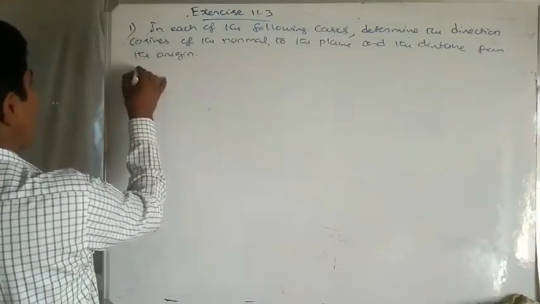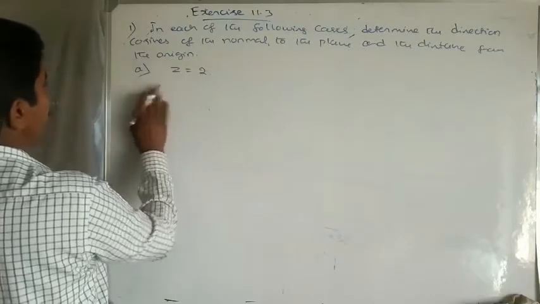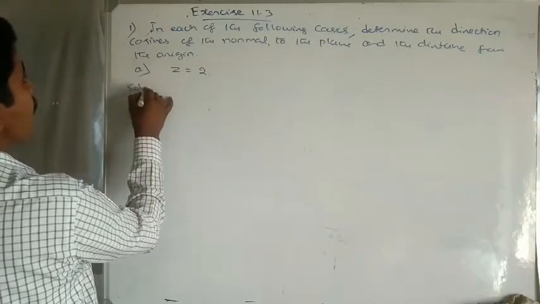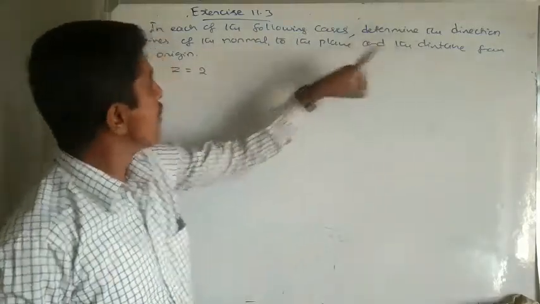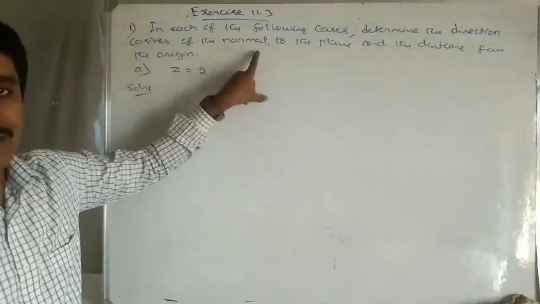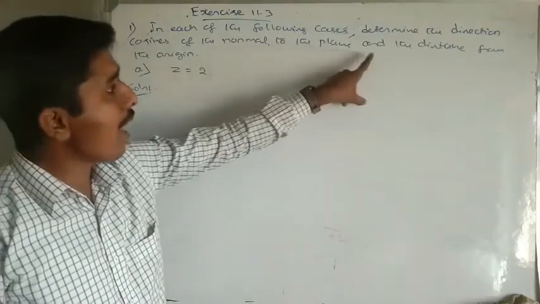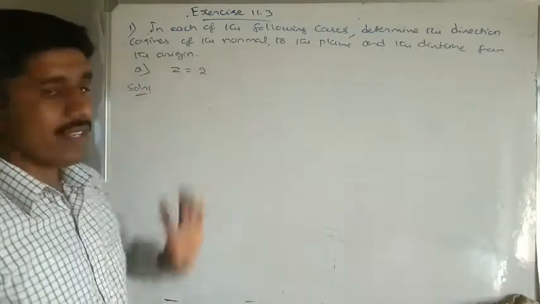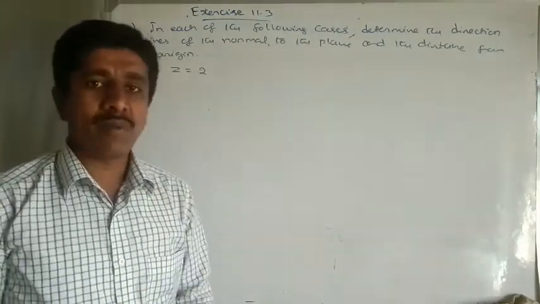So problem A, z is equal to 2. Read the problem. In each of the following cases, determine the direction cosines of the normal to the plane and the distance from the origin.